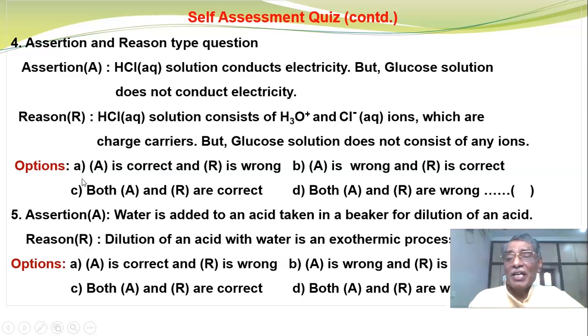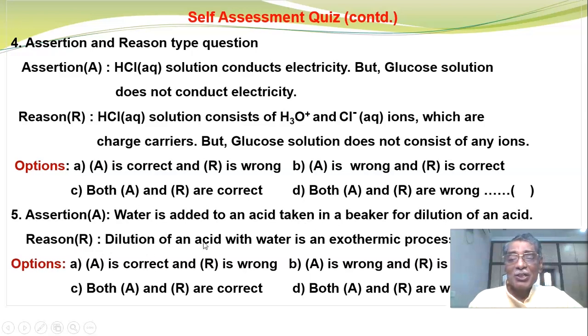Options. A. A is correct and R is wrong. B. A is wrong and R is correct. C. Both A and R are correct. D. Both A and R are wrong. Another question. 5. Assertion. Water is added to an acid taken in a beaker for dilution of an acid.